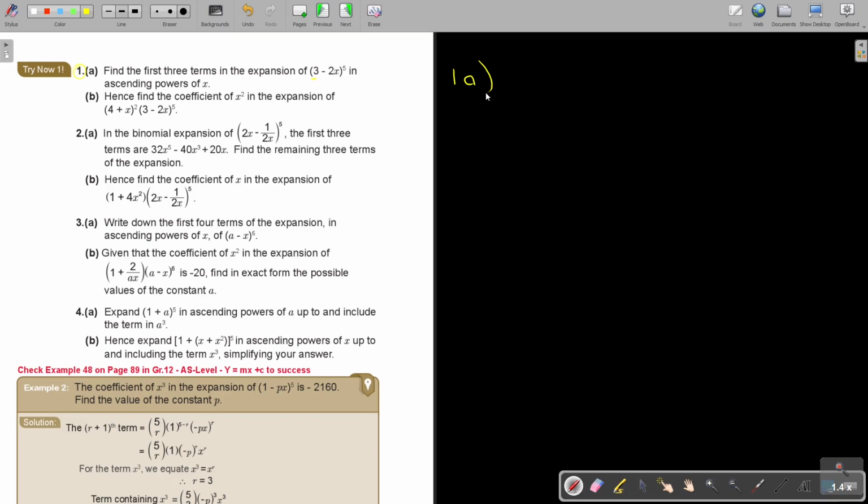Okay, so what is the bracket? So it's 3 minus 2x, and that's to the power of 5. Okay, they just want the first three terms. So remember, it's that 5, 0. Take the first term and say top minus bottom, 5 minus 0.